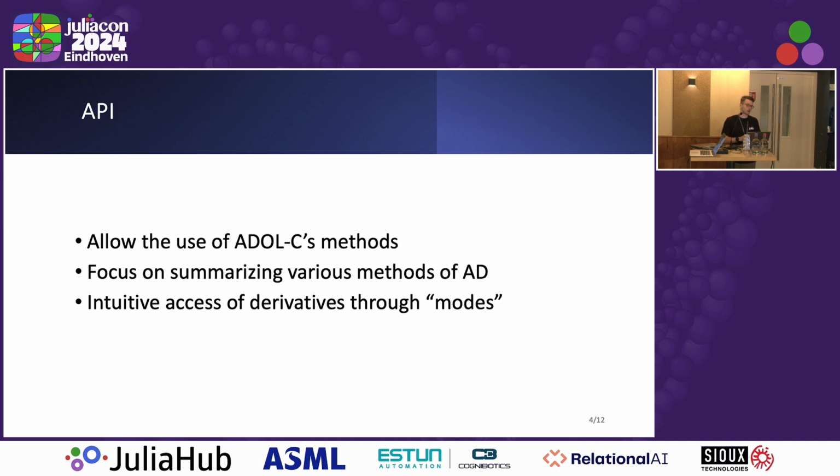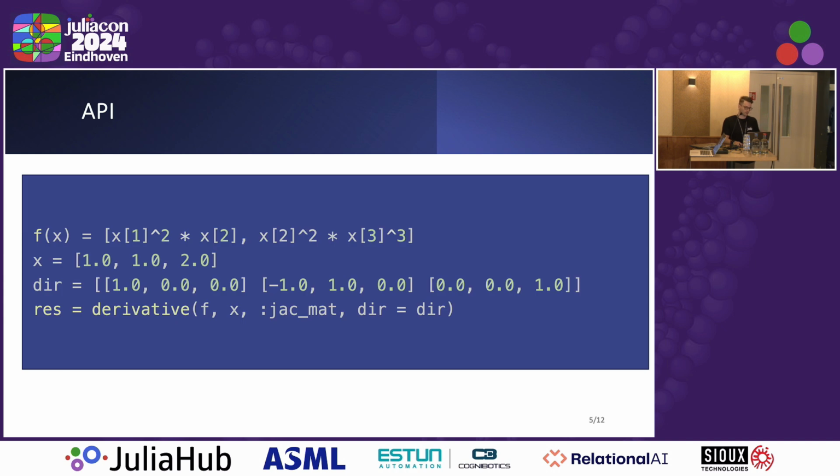The API of ADOLC.jl first focuses on making the ADOLC methods available in Julia. Then we want to summarize various AD methods in intuitive drivers, or one driver where you can access the different modes. The first main function is the derivative function.